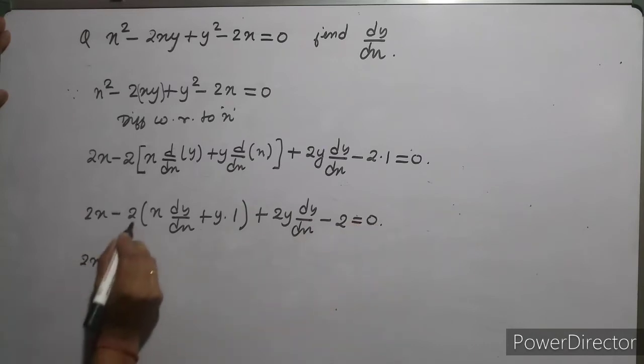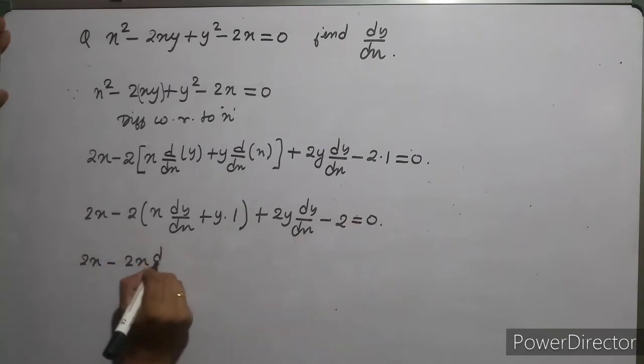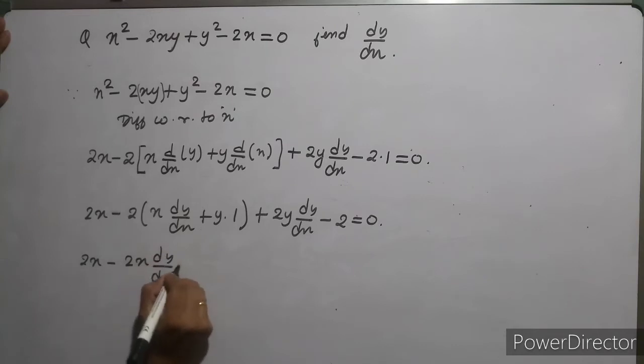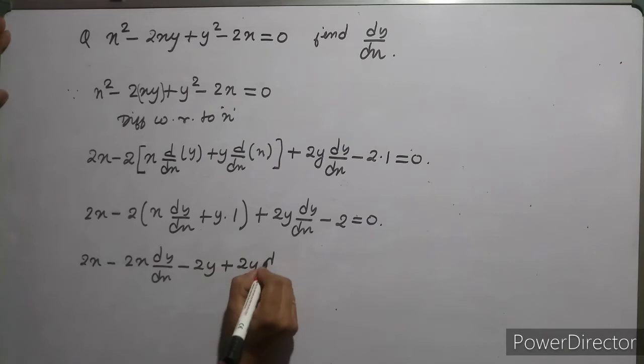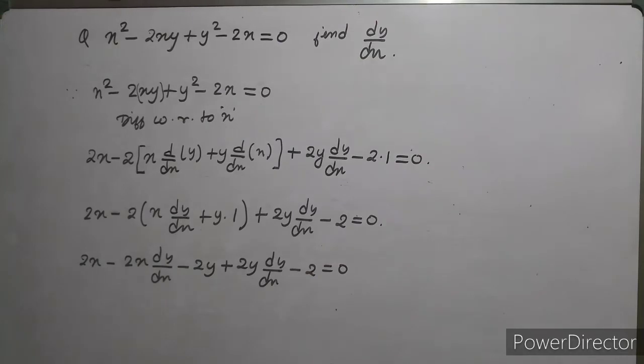Now I'll open this bracket: 2x dy upon dx plus 2y plus 2y dy upon dx minus 2 equals to 0. In this equation we have two terms with the derivative dy by dx. From these two expressions I'll take 2 and dy by dx common.